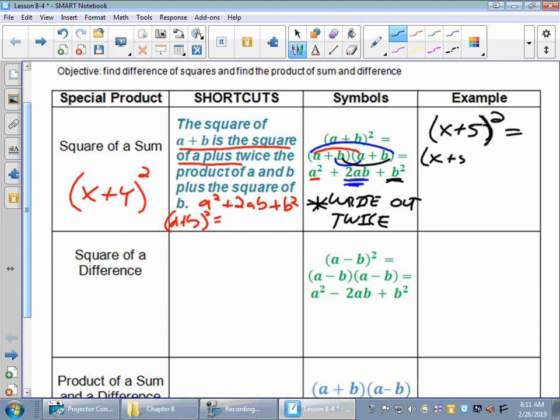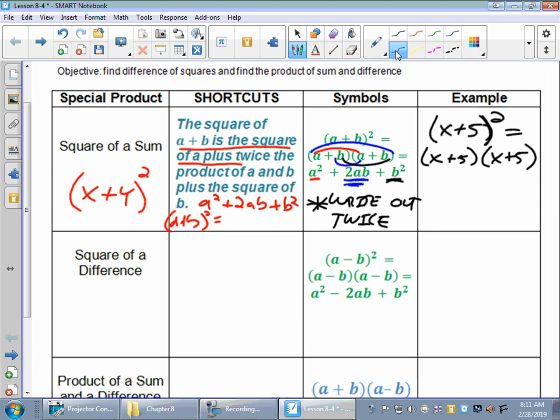It's saying x plus 5 times the quantity x plus 5. Now when we FOIL it, it becomes a lot easier, even if you're going to use the shortcut. Our shortcut would say it's going to be x squared, and then 2 times the middle term, so 5x and 5x is going to give us 10x, and then 5 times 5 is 25, which is 5 squared.